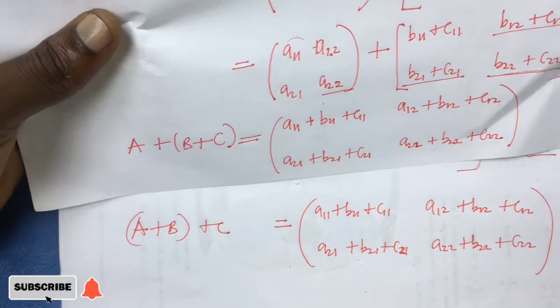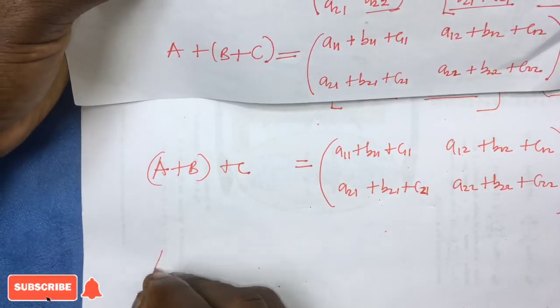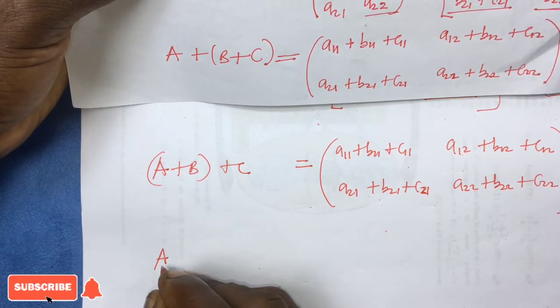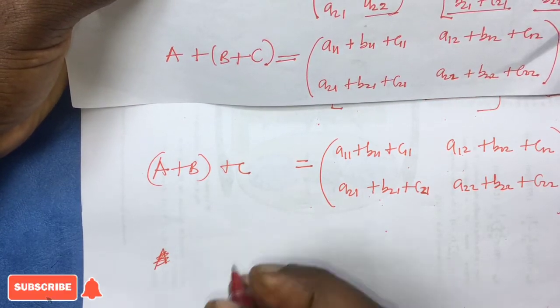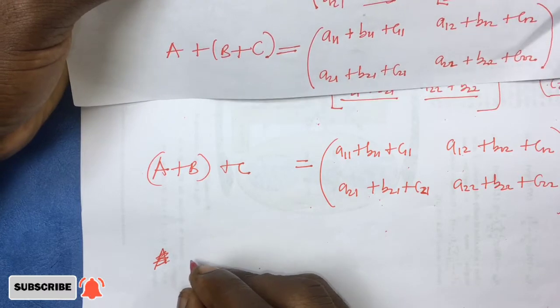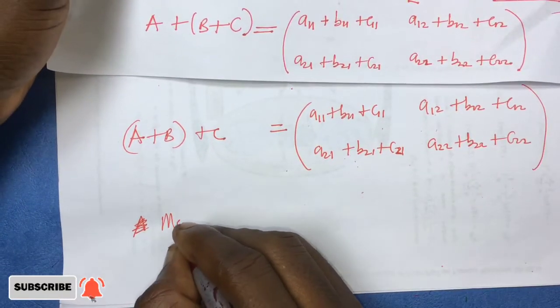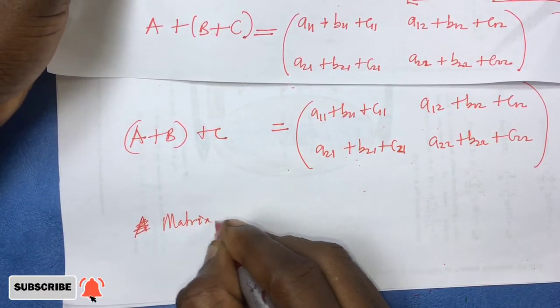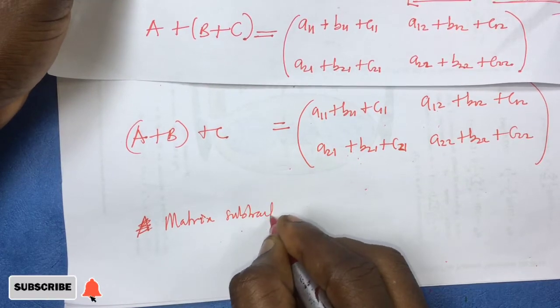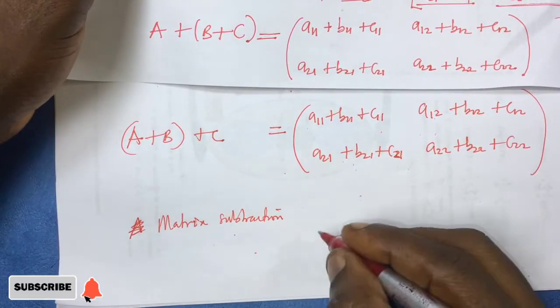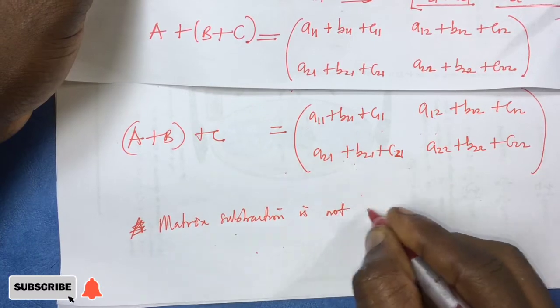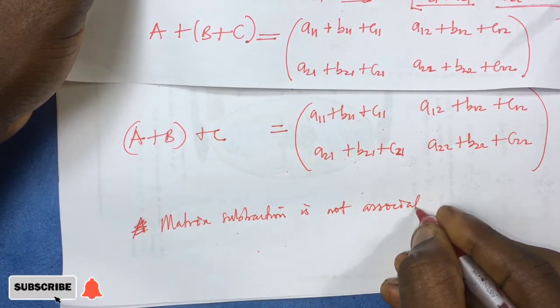Now, I'm going to state this, but you check it out. Associative property, or rather, let me put it this way, matrix subtraction is not associative.